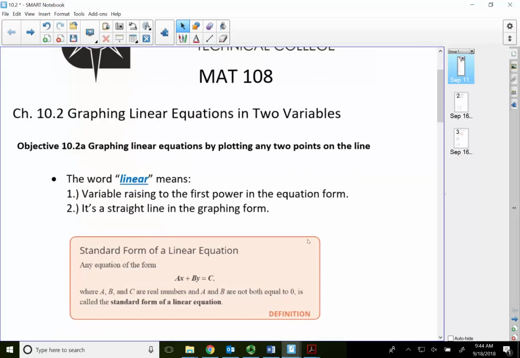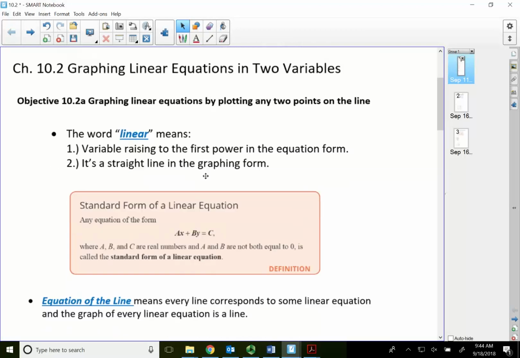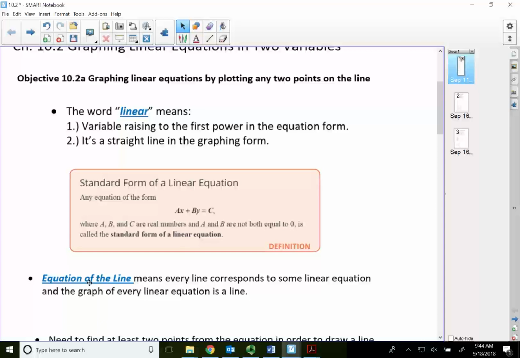Again, every equation has a line. Every equation and every line has an equation. Whenever I mention the equation of the line, it literally means every line corresponds to a linear equation, and the graph of every linear equation is a line.